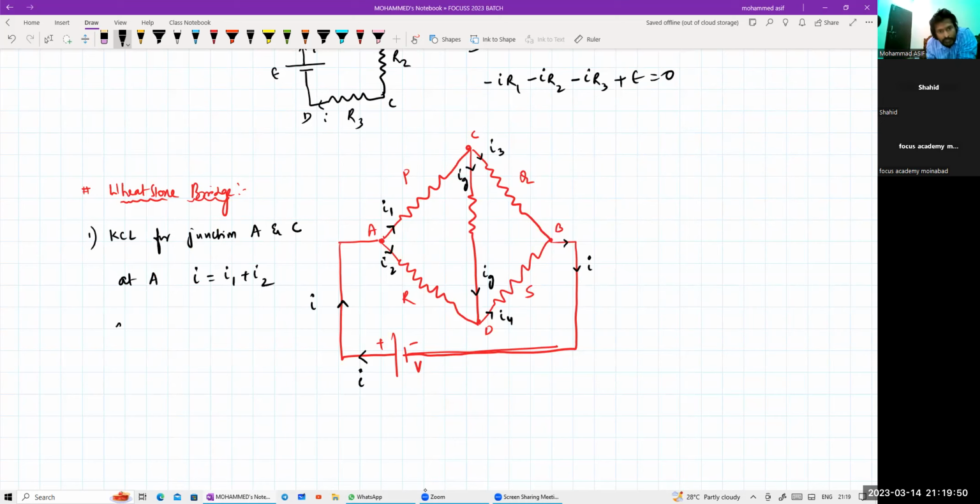At B क्या हो जाएगा? I1 will be equal to your IG plus I3. ठीक है। Then at D, I4 will be equal to IG plus I2.